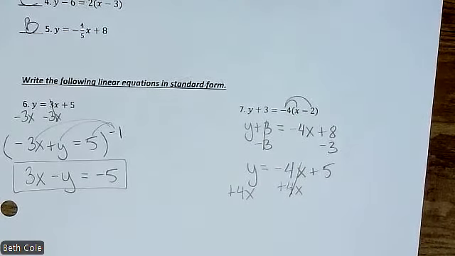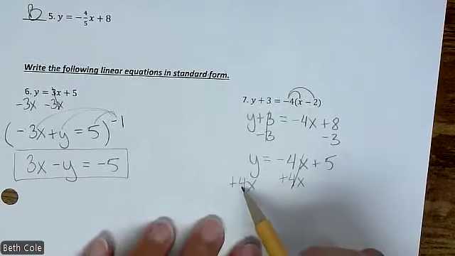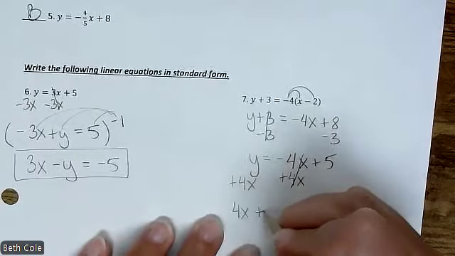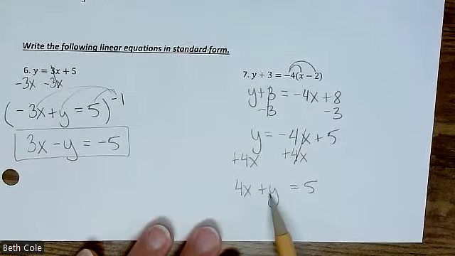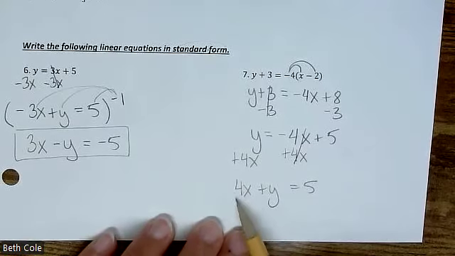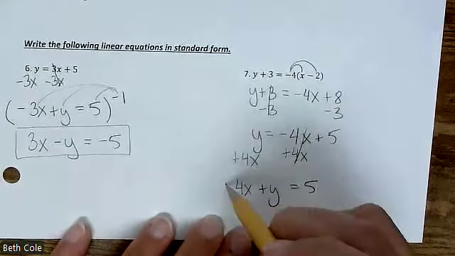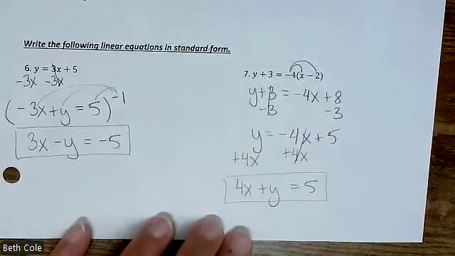Algebra is really just moving things. You're taking things and moving them to the other side of the equal sign is all that it is. And so this is going to be written 4x plus y equals 5. And so I have it in the right order, x, then y, then the equal sign. And my starting number is positive and it's a whole number. So that's what we want it to look like.